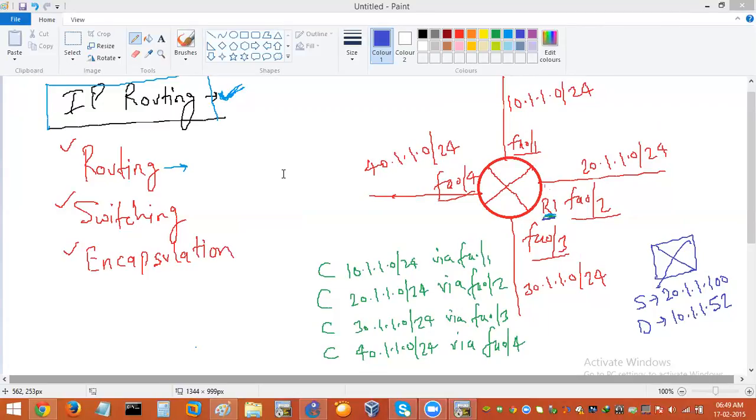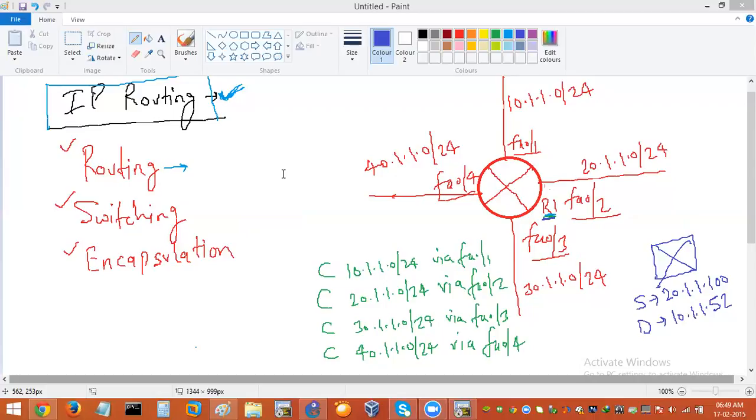Yes, what will be the incoming interface for this packet on R1? Means which interface the packet is going to arrive on? Well, basically, there are 2 interfaces, I think. One is FA0/2 and FA0/1.